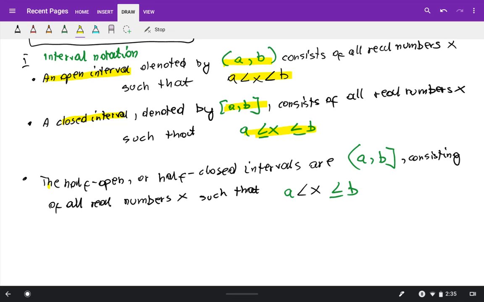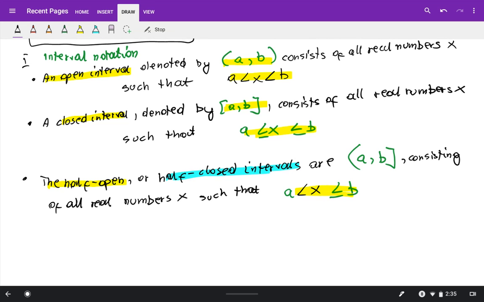So this is a half open interval right here.